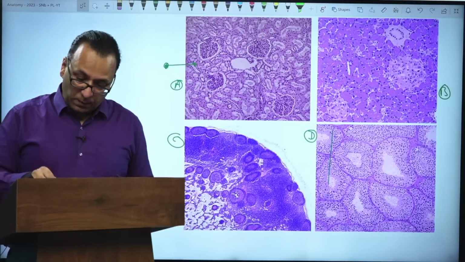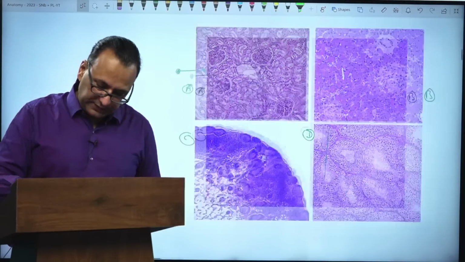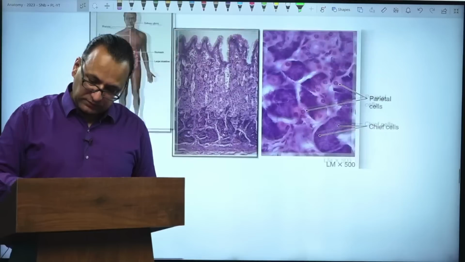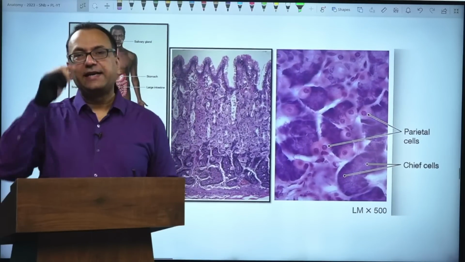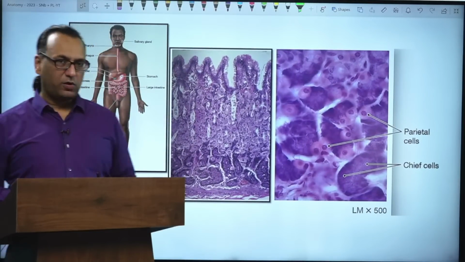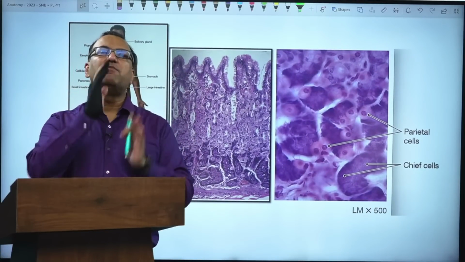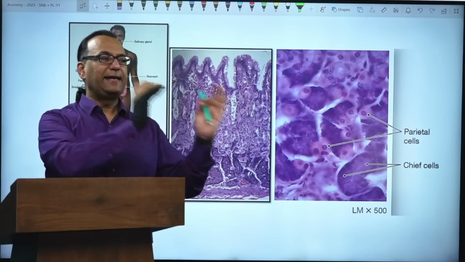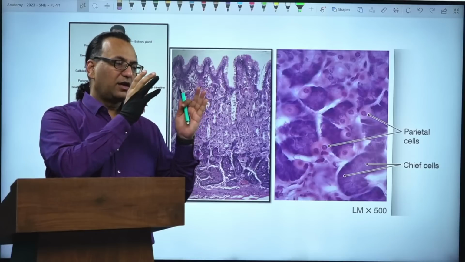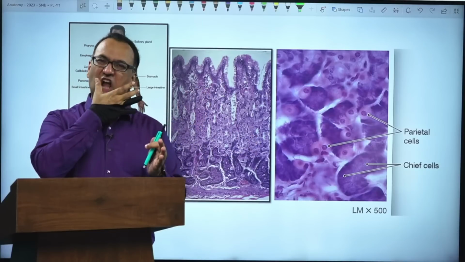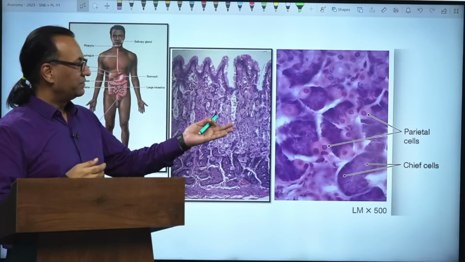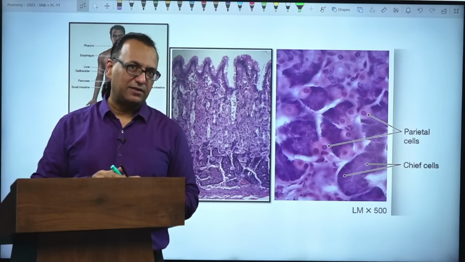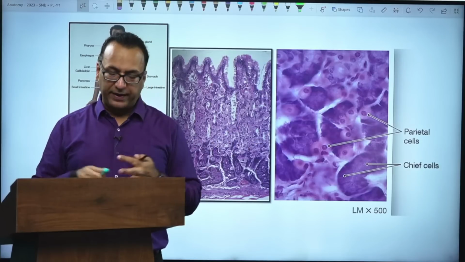Now, as we move further, recently one question came, and it was giving you the matching, like in stomach which cell do you see, in liver which cell, in the testis which cell, and the options were parietal cell or Kupffer cell or dust cell in the lung. So accordingly we are preparing.